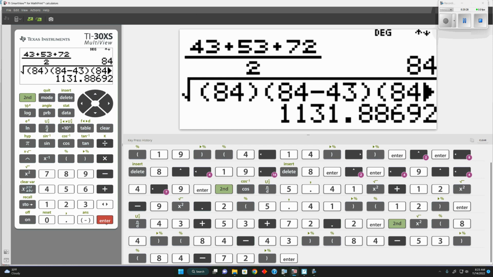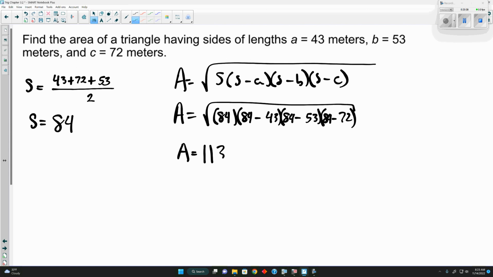And again, we can round to 2 decimal places, so the area of this is 1,131.89. And since they gave us the units, we could say meters squared.